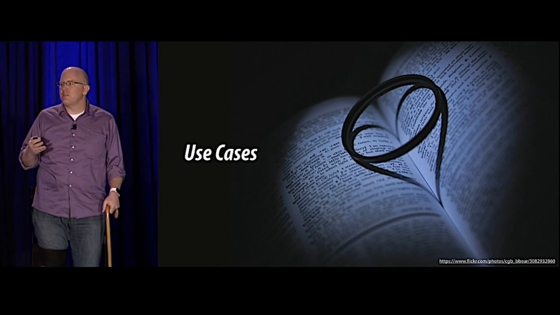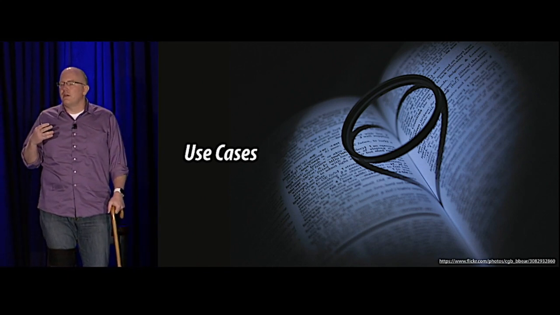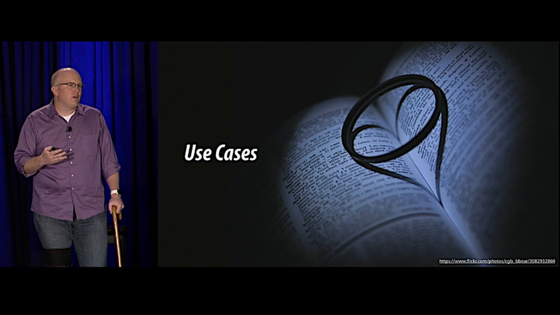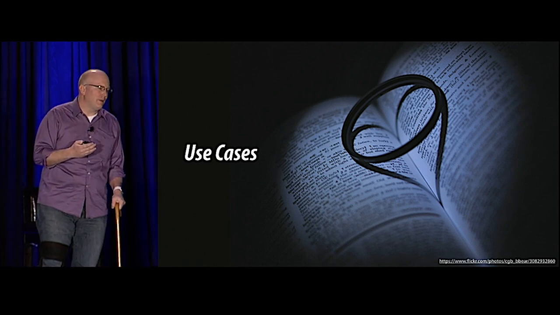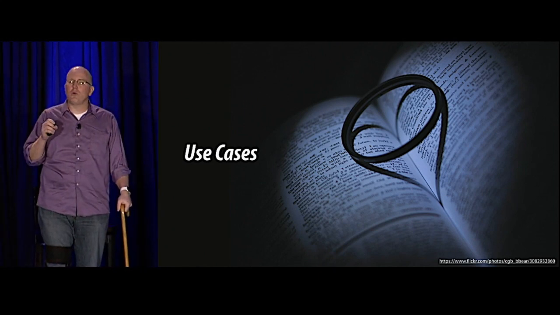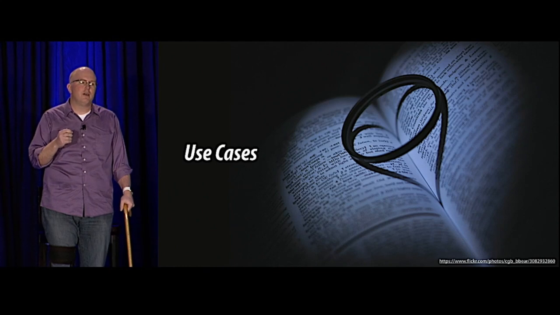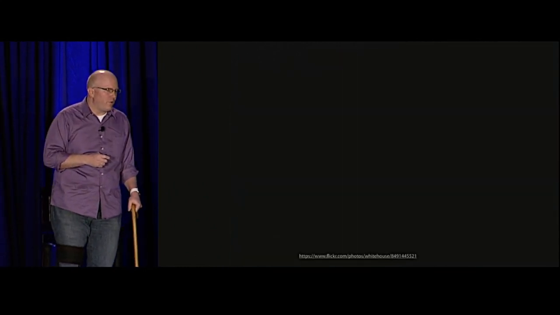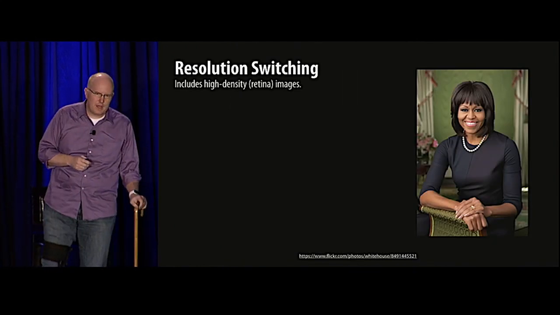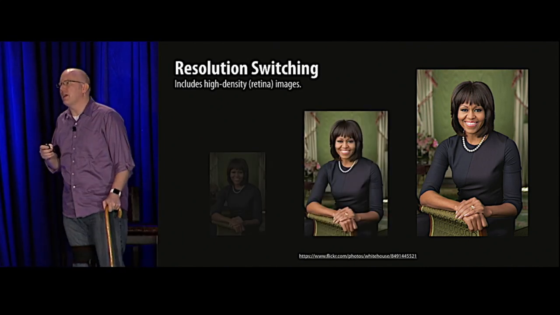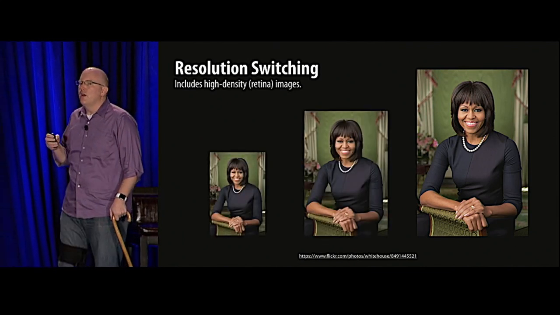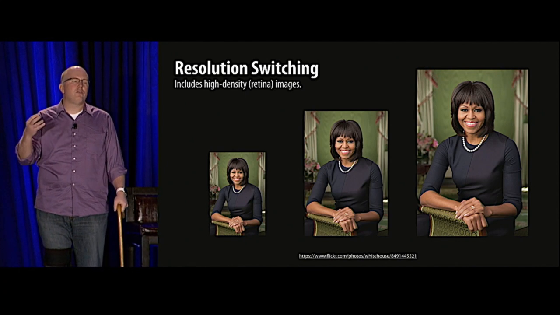In order to talk about responsive images, we have to talk about use cases. Now, the Responsive Images Community Group has defined a bunch of use cases. There are many of them, and they are very interesting. But for us, we really only need to focus on 2 use cases. The first one is resolution switching. When we talk about resolution switching, what we're talking about is images that are displayed or consumed at different sizes.